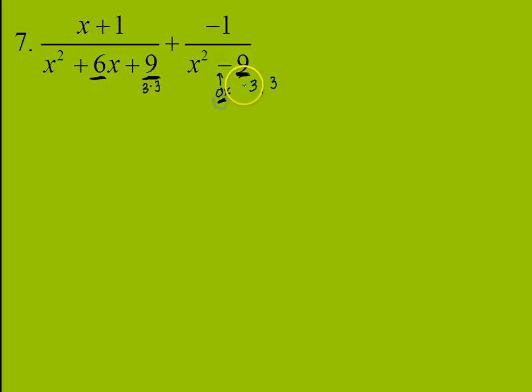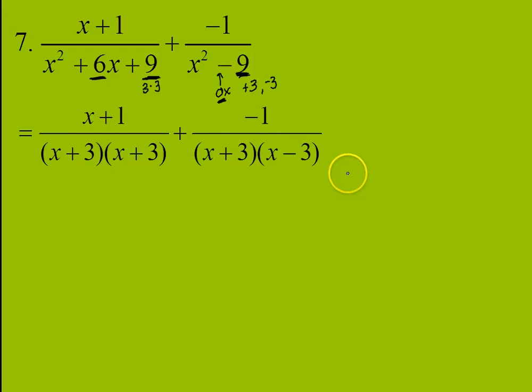But how do they add to 0? One of them has to be positive, one of them has to be negative. So that's our perfect squares, x minus 3 and x plus 3. That's how we get that x squared minus 9. The 0 cancels with a plus 3 and a minus 3. Then this one over here, to be a plus 6 plus 9, has to be a positive 3, positive 3.